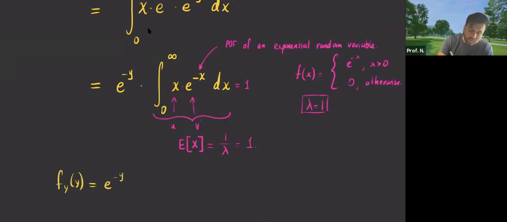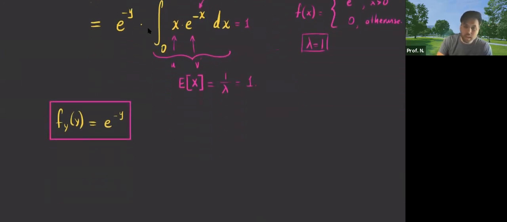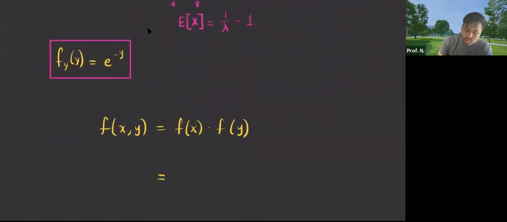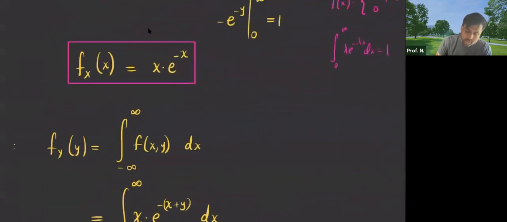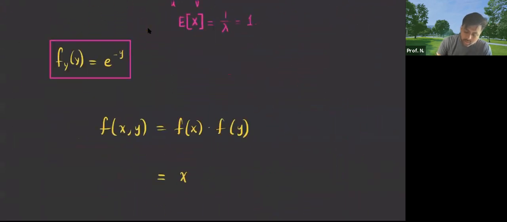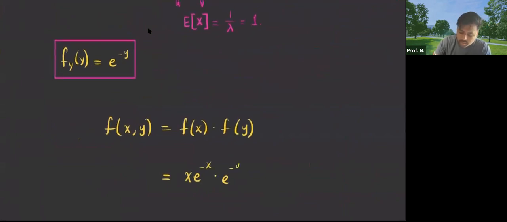Now, I did all of this to show what? I did all of this to show that f of xy is indeed f of x times f of y. It worked out perfectly because the density function of x was e to the negative x, and the marginal density function of y is e to the negative y.